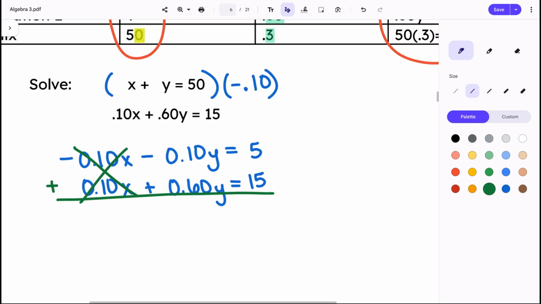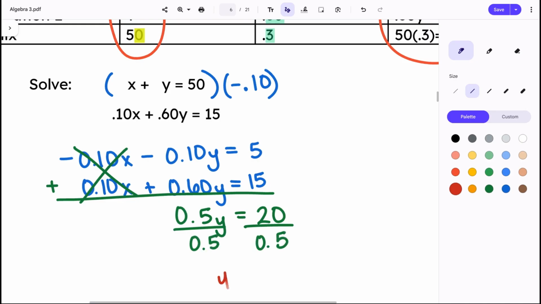What's negative 0.1 plus 0.6? 0.5y. 5 plus 15 would be 20. Then you're going to divide by 0.5. So how much do we get for y? 40.